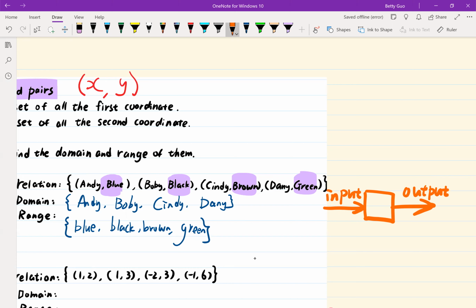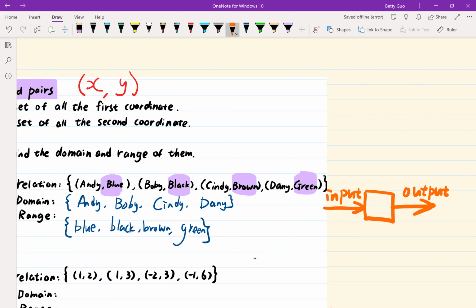So if we give the machine input Andy, the corresponding output would be blue, right? A relation can be seen as a machine. You give the machine an input, the machine can give you a corresponding output or outputs.